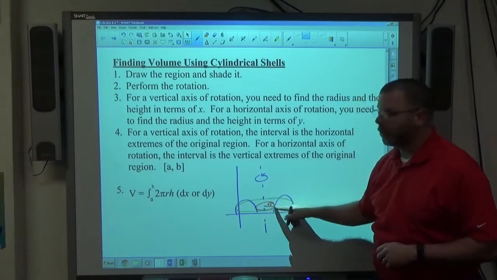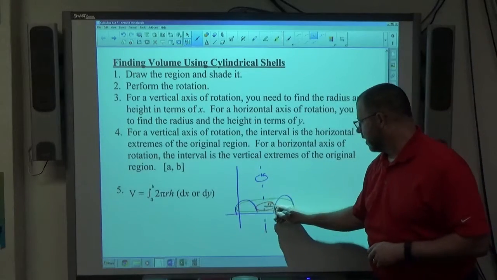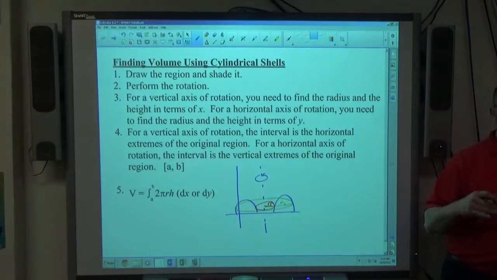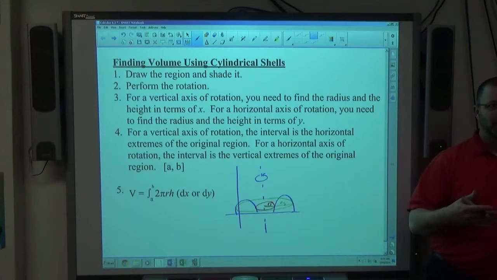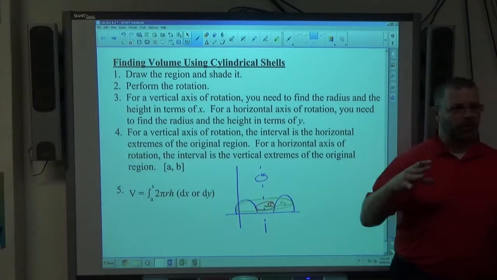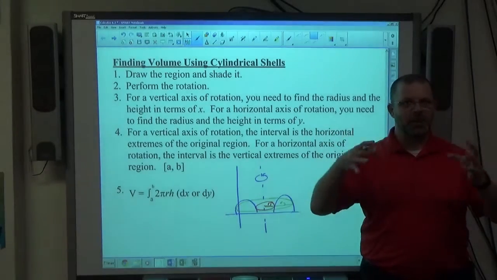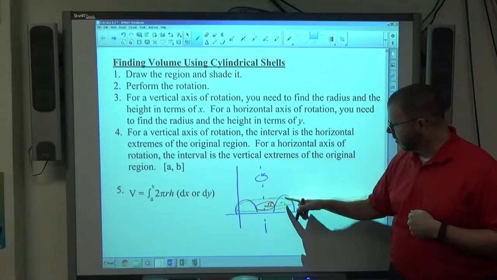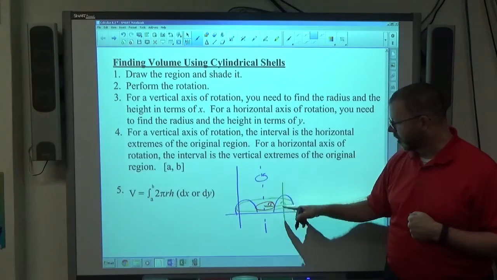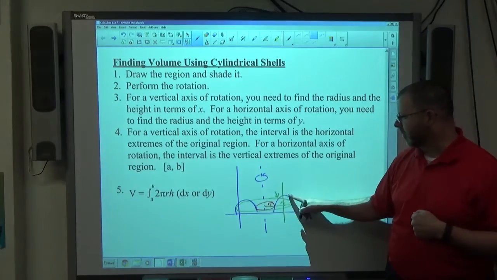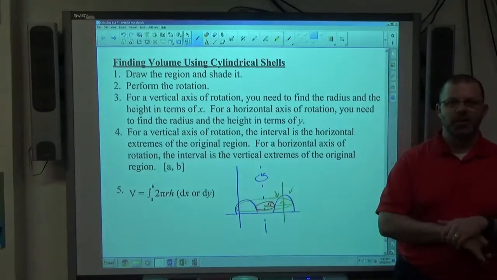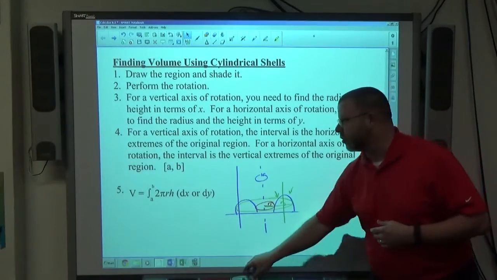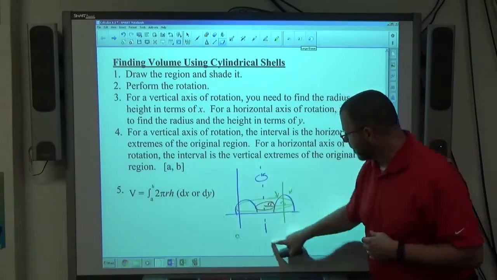It goes to this curve, and the outside radius goes to the same curve. The same equation makes both sides. Usually it's a quadratic formula situation where this makes the minus part of it, and that makes the plus part of it. But it's really challenging to figure that out. So that's why the cylindrical shell method is even necessary.